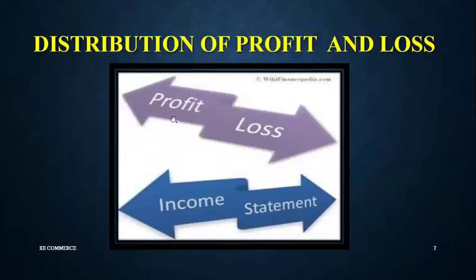But loss will also occur. So business is a name of risk, and we have uncertainties in profit and loss. We are not sure whether we will always have 100% profit or 100% loss. It depends upon the income statement, our revenues and our expenses.